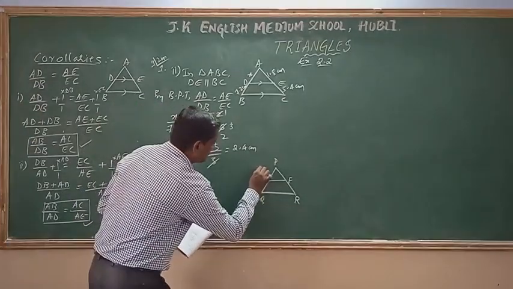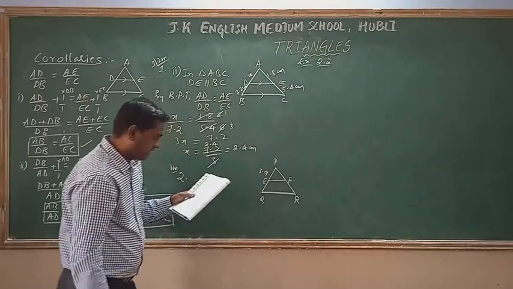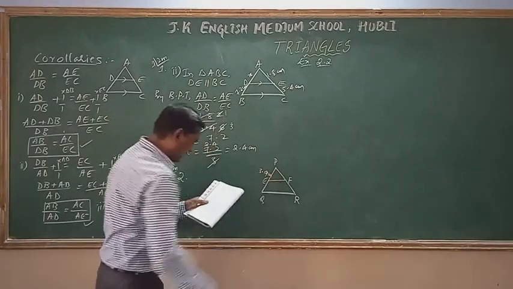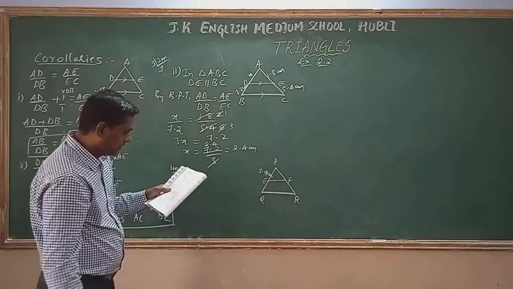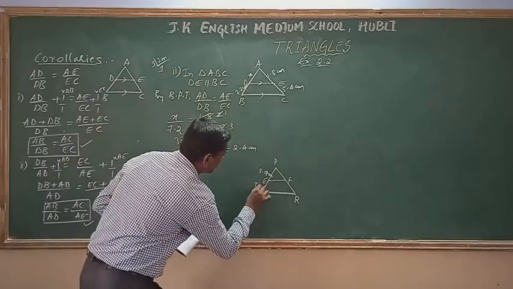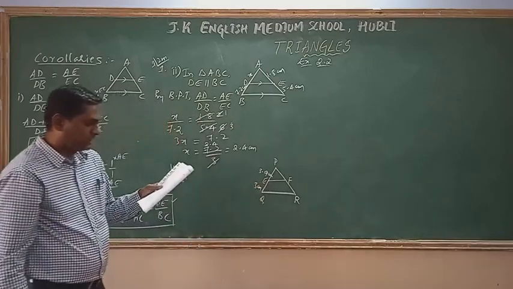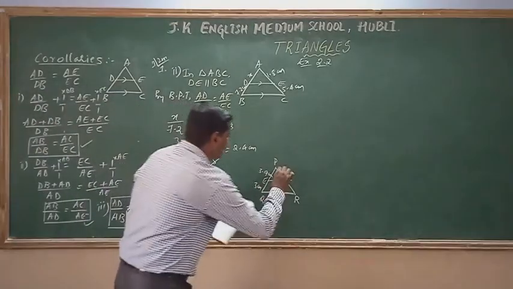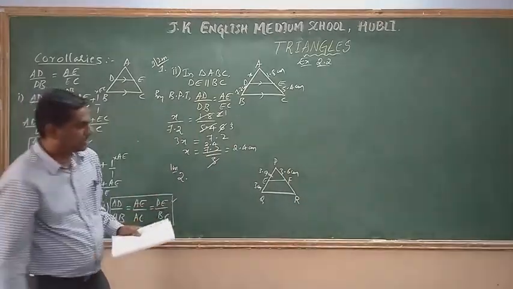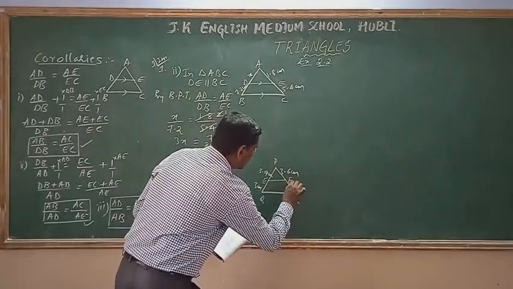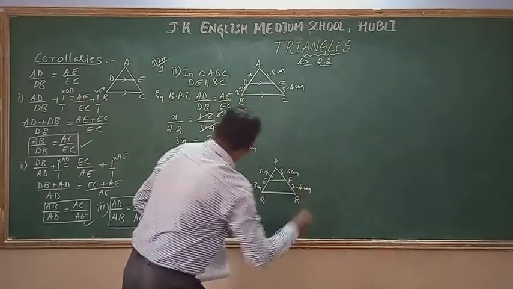The measurement of PE is 3.9 centimeters, the measurement of EQ is 3 centimeters, the measurement of PF is 3.6 centimeters, and the measurement of FR is 2.4 centimeters.